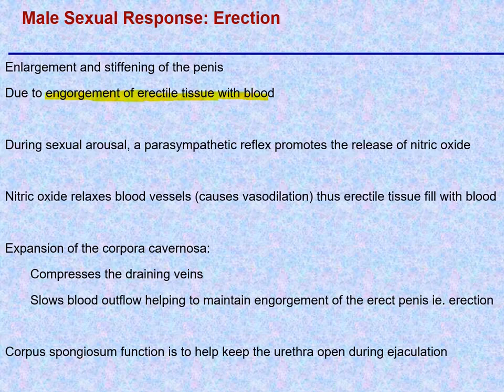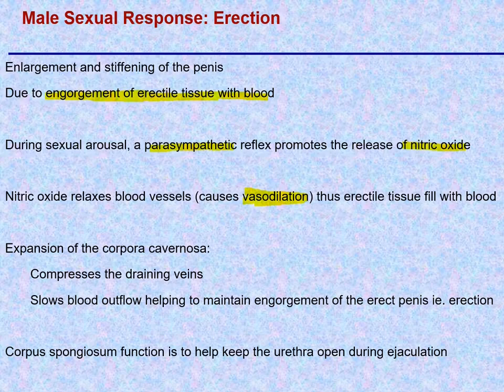During sexual arousal, there's a parasympathetic reflex which triggers release of nitric oxide, and that acts to cause vasodilation of the arterioles that supply blood to that erectile tissue. So you have vasodilation, an increased flow into the tissue, and they fill up with blood and become rigid.